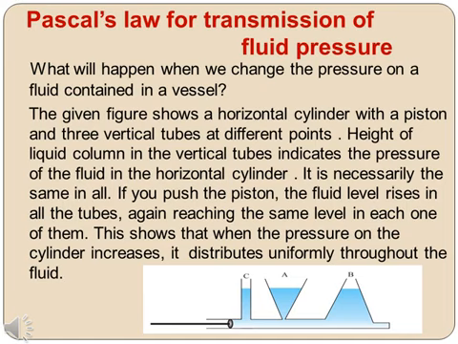It is necessarily the same in all. If you push the piston, the fluid level rises in all the tubes, again reaching the same level in each one of them. This indicates that when the pressure on the cylinder increases, it distributes uniformly throughout the fluid.